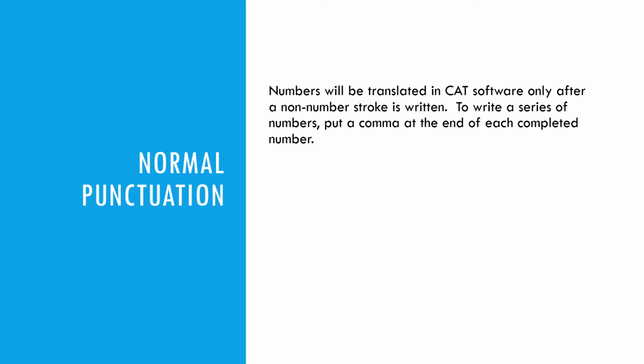If you continue writing numbers and you don't write either a comma or some other non-number stroke, the number will not appear on the screen. So when you are writing numbers, if you have 1 and then I want you to write another number, say 5, you have to put either a comma or a space, something between that number in order for the number to appear on your screen.